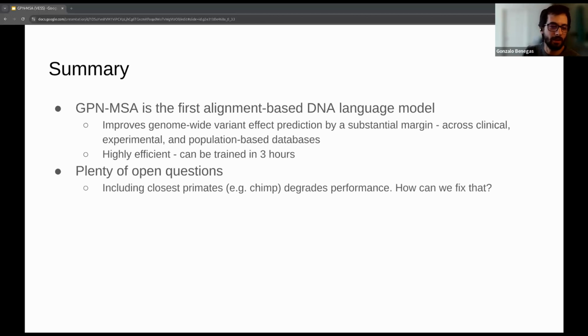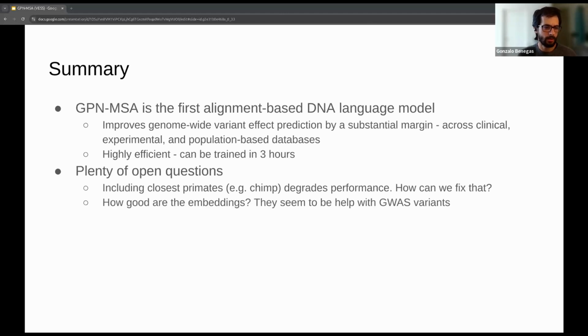You can just copy the chimpanzee allele, and therefore the model doesn't have to learn much during the process. However, we want to use the primate sequences. We know that they are, for example, highly enriched for complex disease heritability. So I think this will require thinking more about loss functions that are perhaps phylogenetically aware.